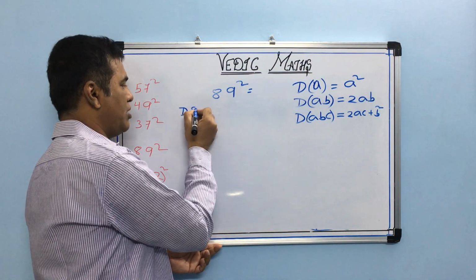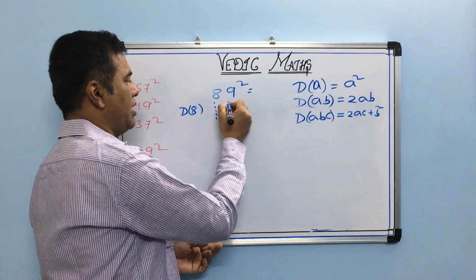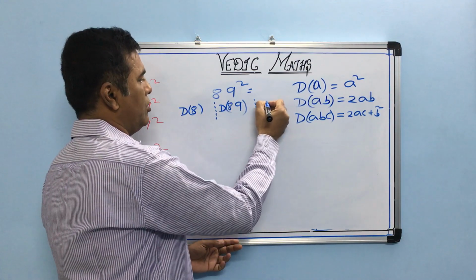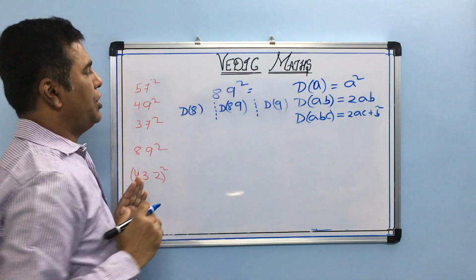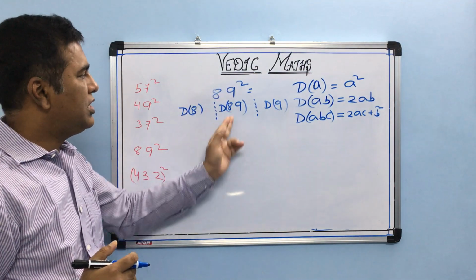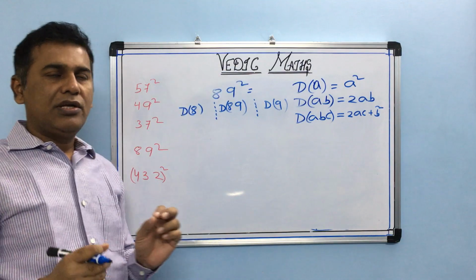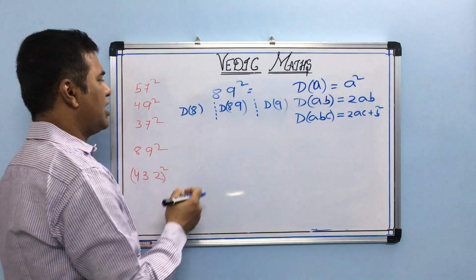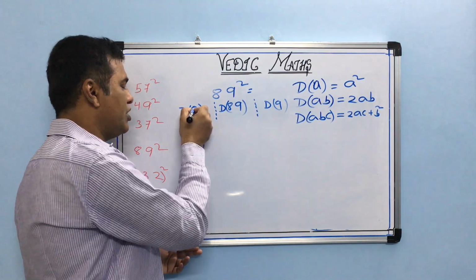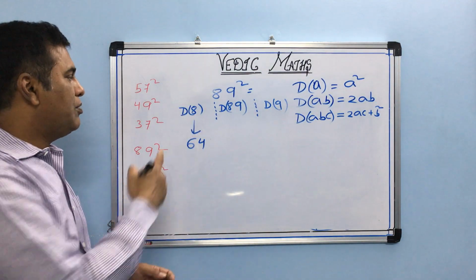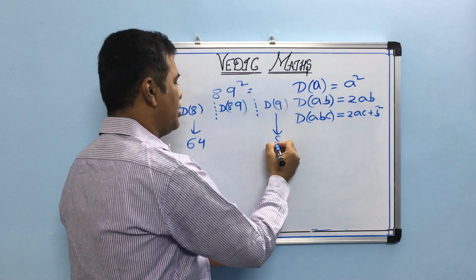First we write duplex of 8, then duplex of 89, then again duplex of 9. First 1 digit, then 2 digits, then again 1 digit, 1, 2, 1. If 3 digits, 1, 2, 3, then 2, 1. Little by little you will start understanding the concept. It is the same concept only. Duplex of 8, you know, is 64, simply the square. For a 1-digit number, duplex is simply the square. Here duplex of 9 means 9 square, that is 81.